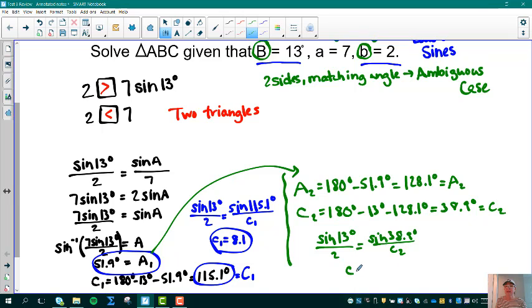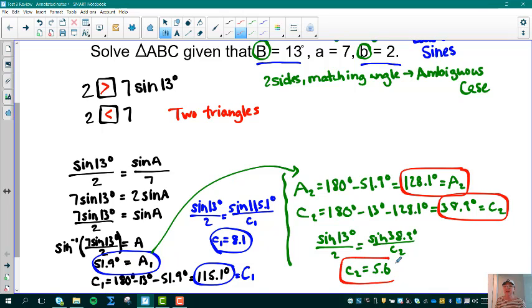When we cross multiply and divide, we find that side C2 is equal to 5.6. So the other possibility for what this triangle would be is angle A being 128.1 degrees, angle C being 38.9 degrees, and side C being 5.6.